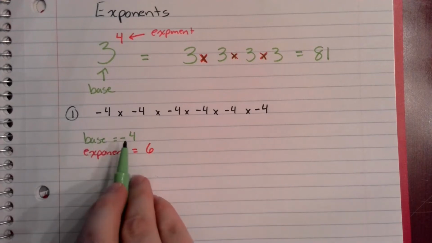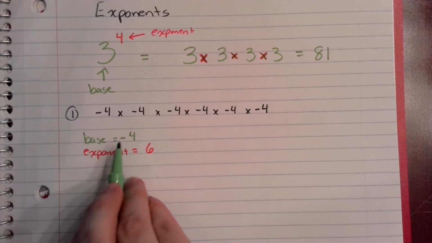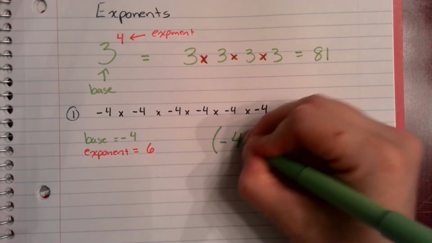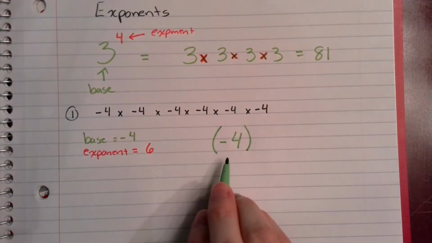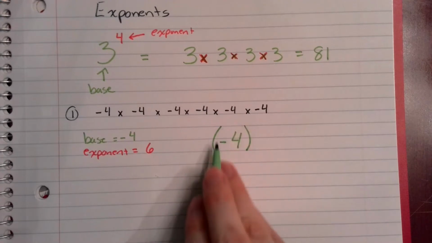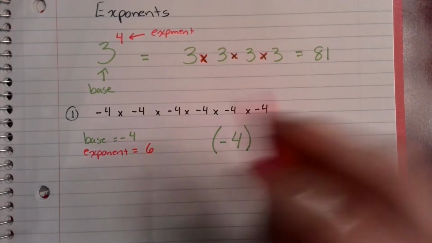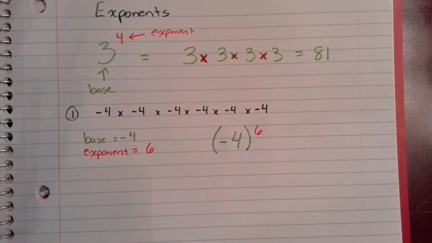Now, because my base is a negative, I have to put that in parentheses because this indicates that the entire thing, the negative and the 4, is being repeated 6 different times.